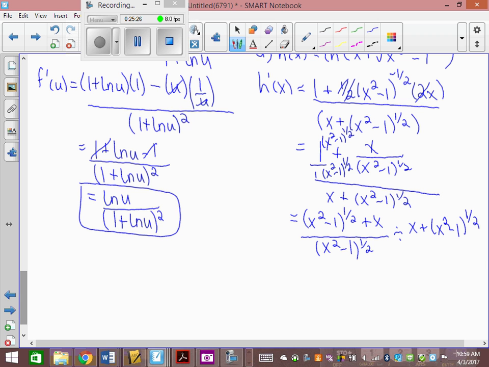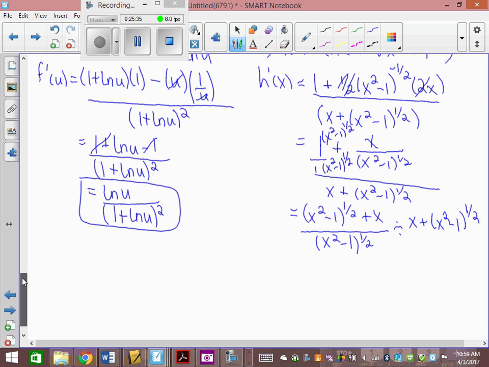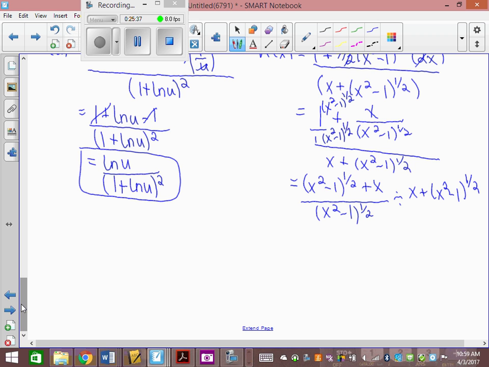The moment you have a fraction in your numerator or your denominator, I always write them side by side. Life is just better. And then we're going to get x squared minus 1 to the half plus x over x squared minus 1 to the half times 1 over x plus x squared minus 1 to the half.